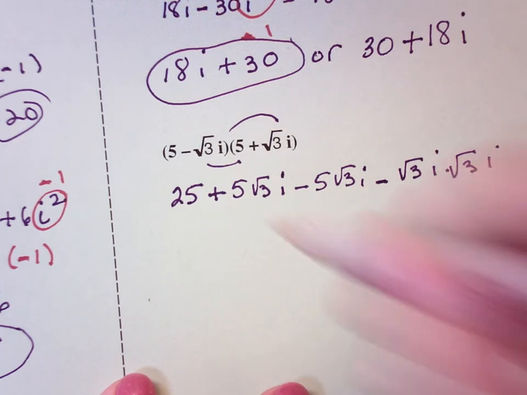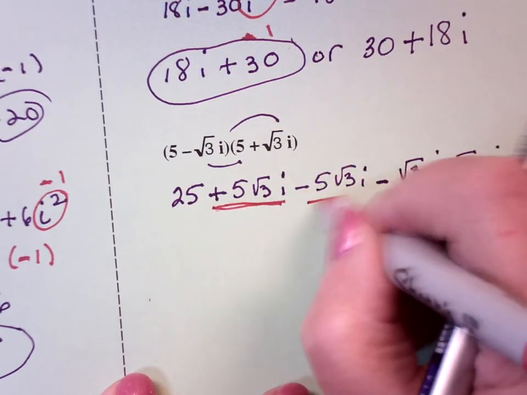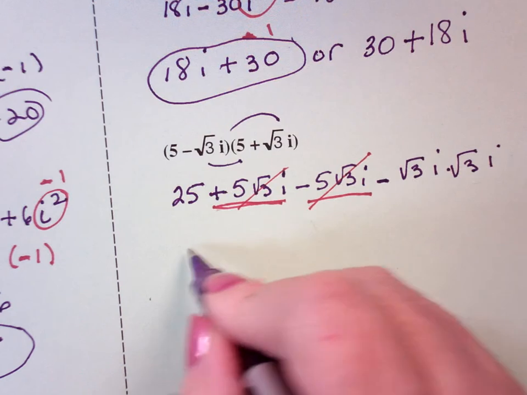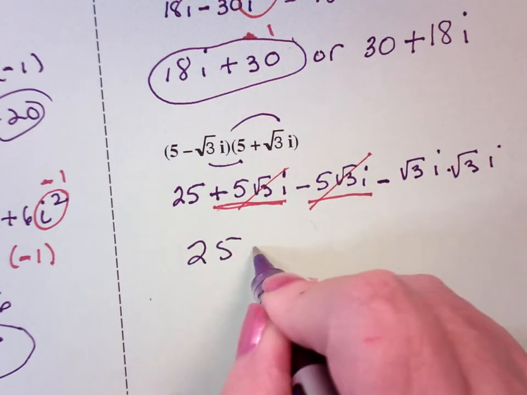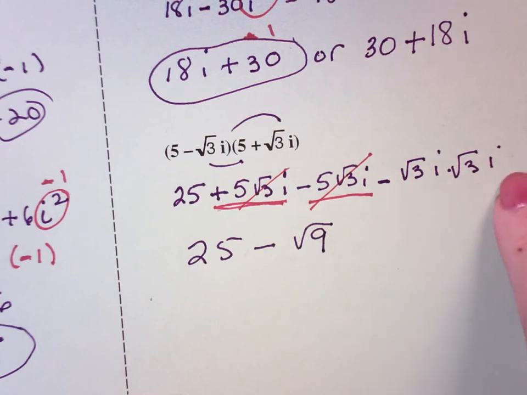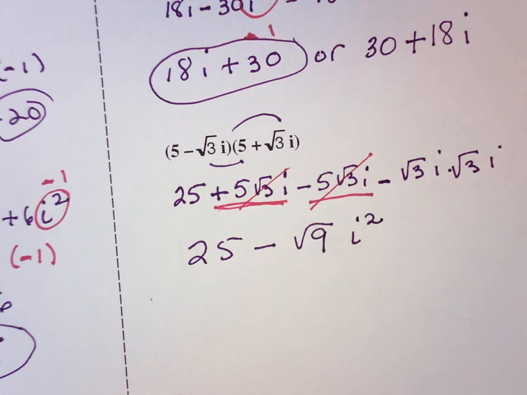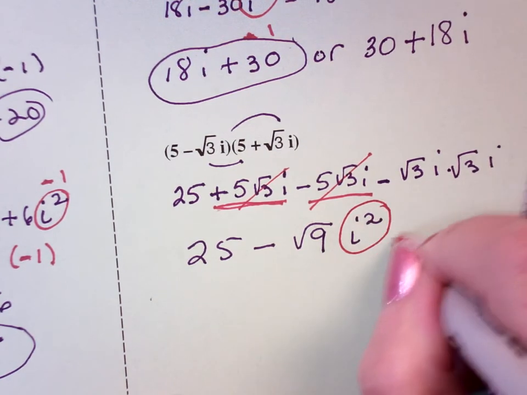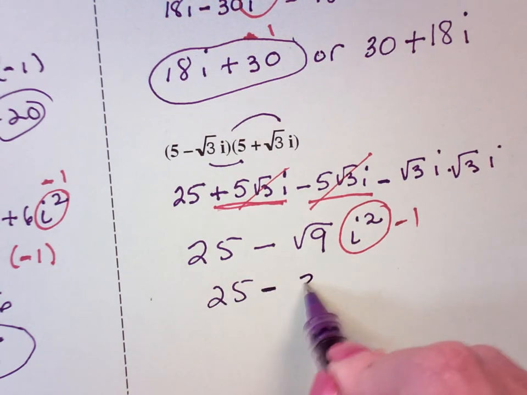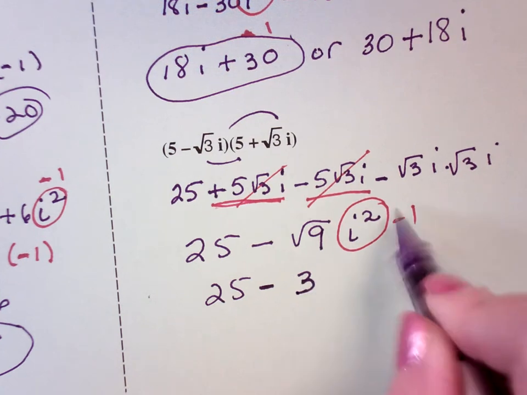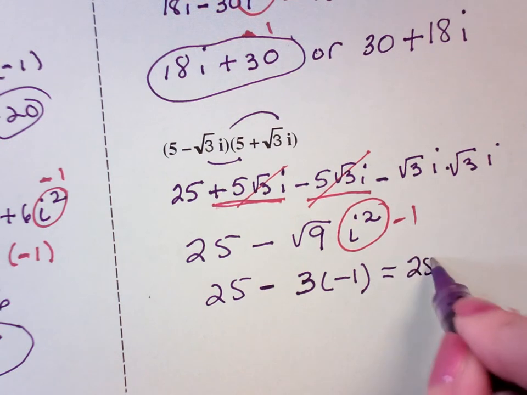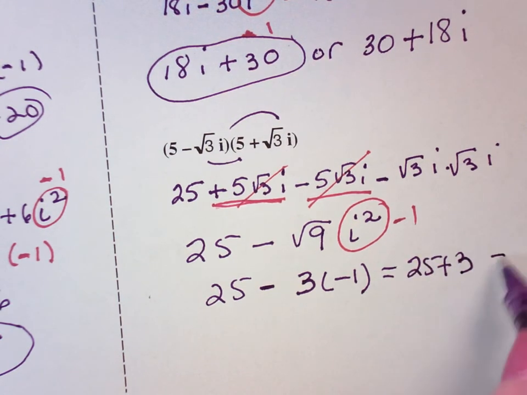Now, what do you notice about these two terms right here? They cancel each other out, they add to 0. So this is 25 minus square root of 3 times square root of 3 is the square root of 9, and then i times i is i squared. And we know i squared is negative 1. So this is 25 minus the square root of 9, which is 3, times negative 1, which is 25 plus 3, which is 28.